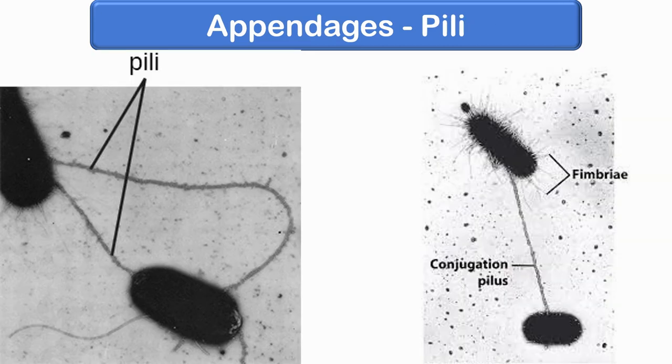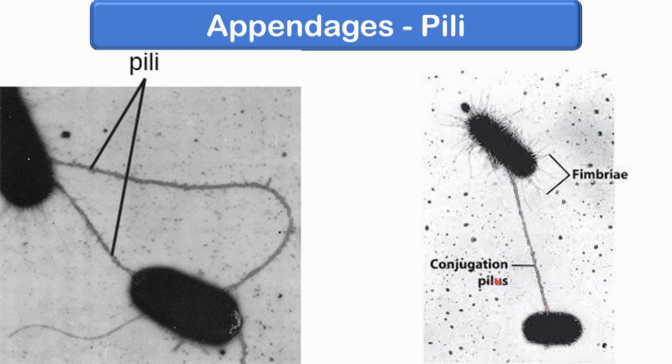Another appendage is the pilus, also called the sex pilus, which is made up of the protein pilin and is a rigid tubular structure. True pili are found only in gram-negative bacteria, where they help in the mating process between cells called conjugation. The pilus from the donor cell combines with the recipient cell, thus providing a connection for transfer of partial DNA from the donor to the recipient.